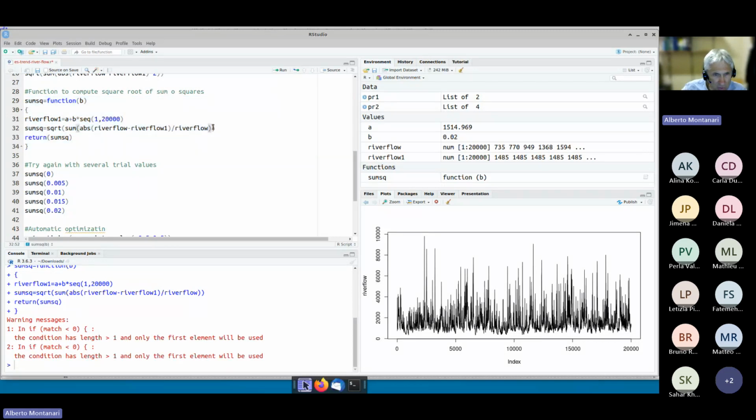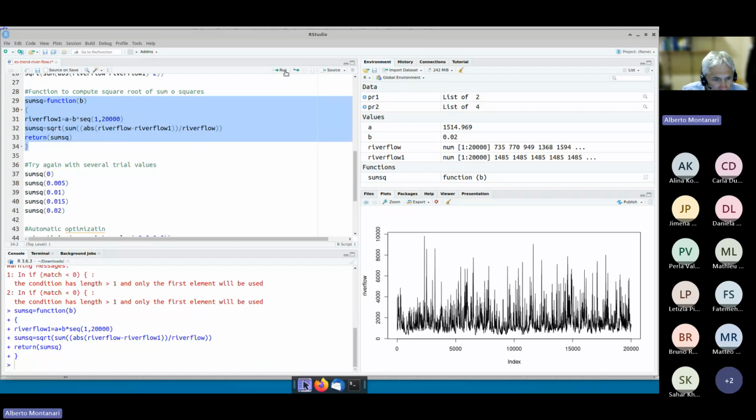I think I need to displace the parentheses in a different manner. Let me see if I do it like this. Okay, let me see. Run. Now it worked. I think it should work in this way.